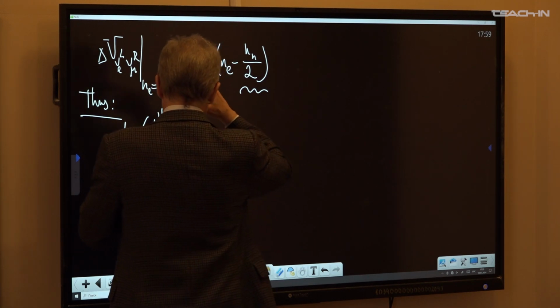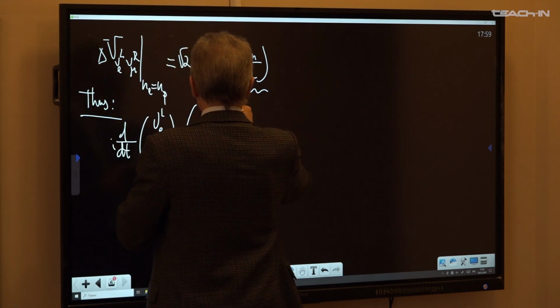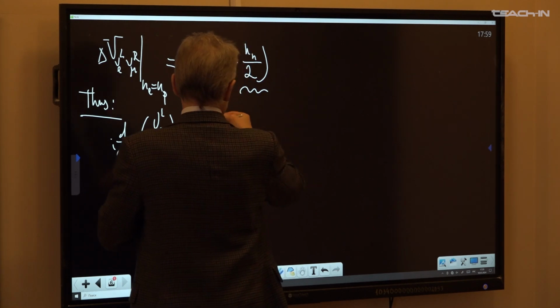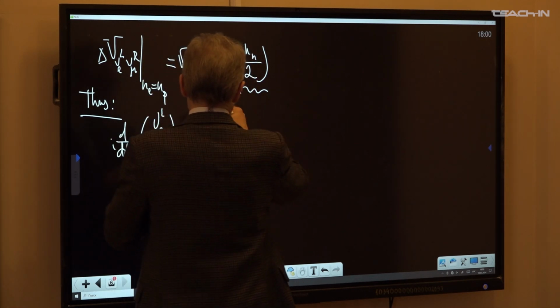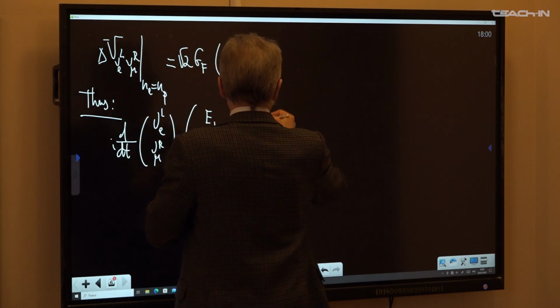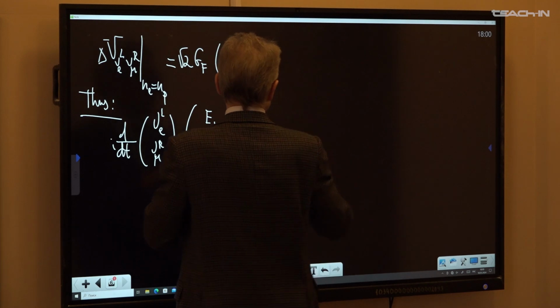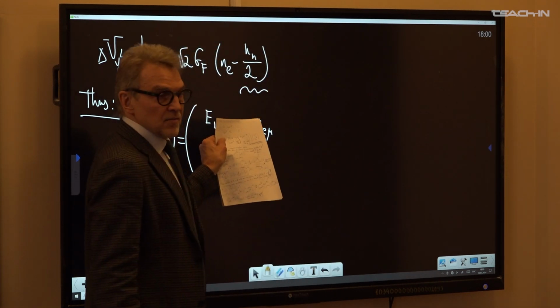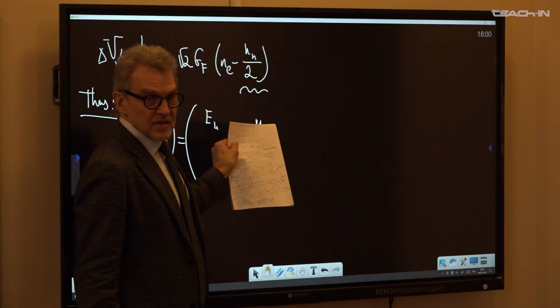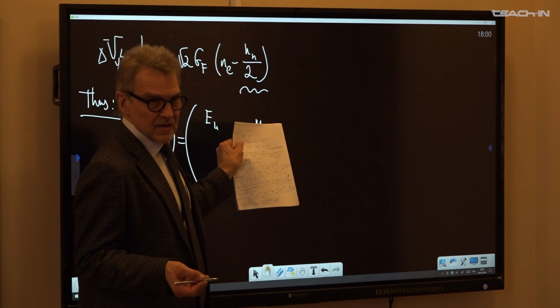The effective Hamiltonian can be written in the form: this is the energy of left-handed neutrinos. This is the effective magnetic moment in the flavor basis, which we calculated last time.